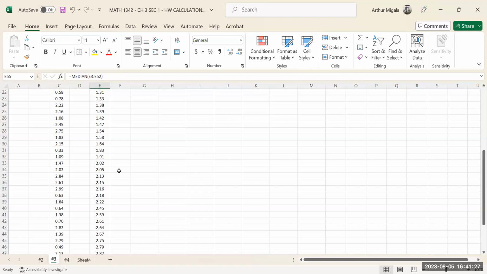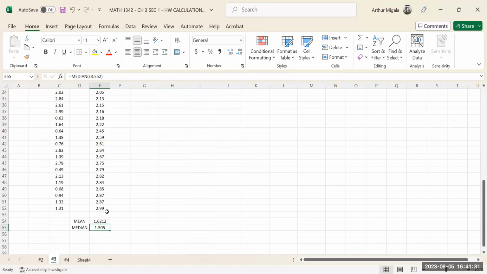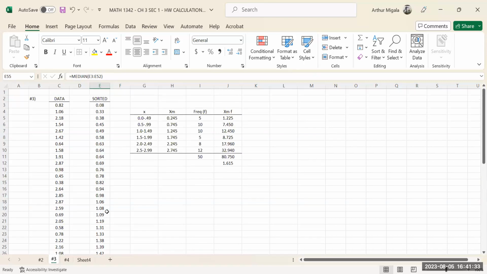The data goes from 0.08 to 2.99. Because this is a large data set, I was going to consider using a frequency chart like this in ranges. I found the midpoints, multiplied by the frequencies, and added all of these.